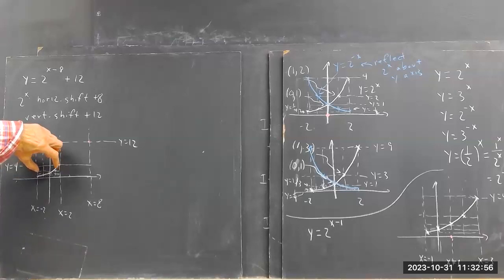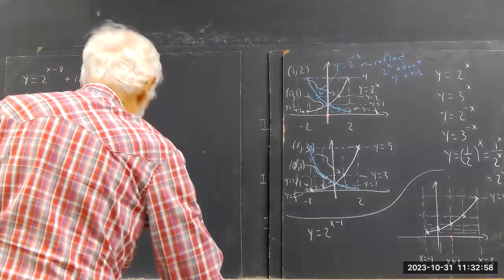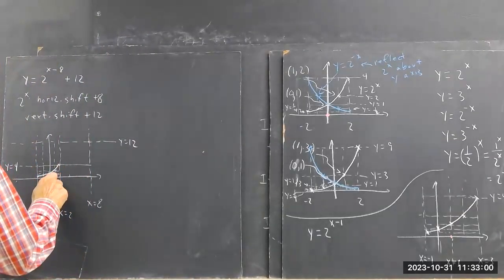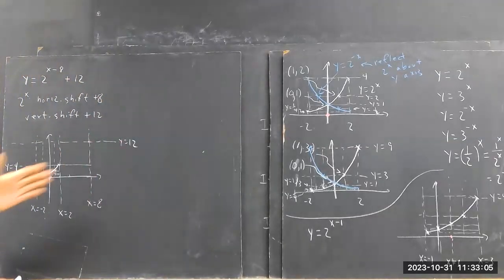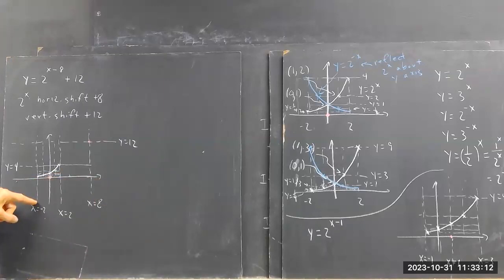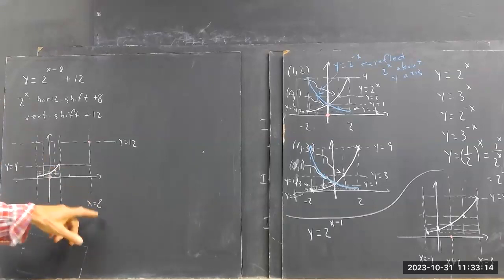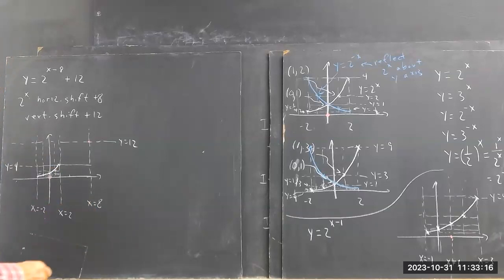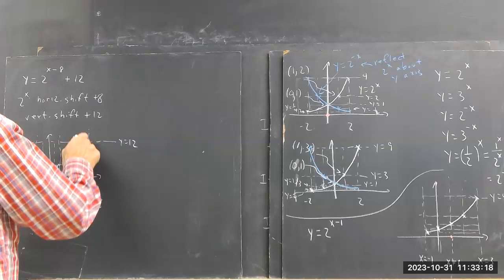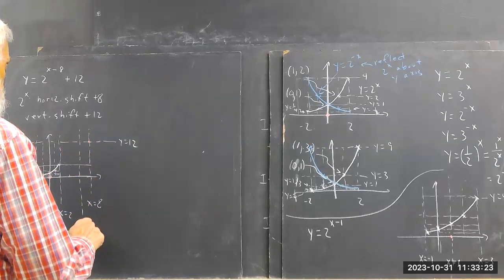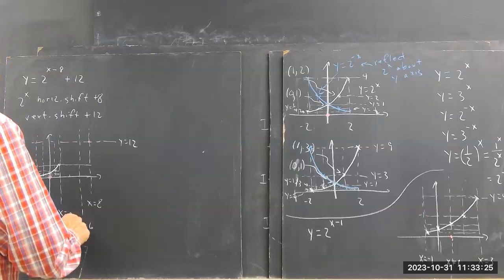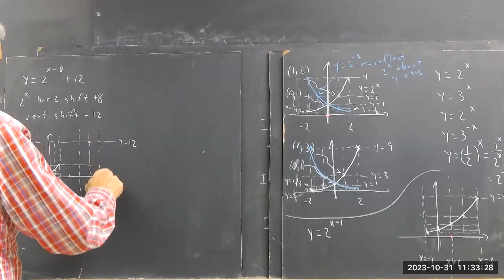Now, if we take the red dot here and move it to here, every point has to move over 8 units. So x equals -2 will become x equals 6. X equals +2 will become x equals 10.